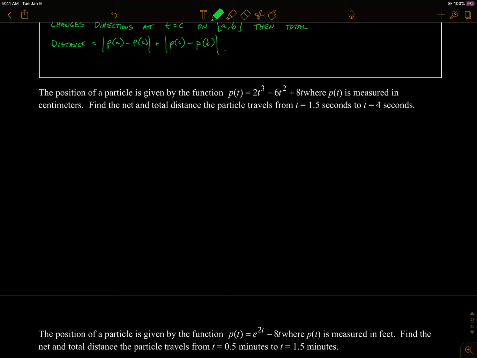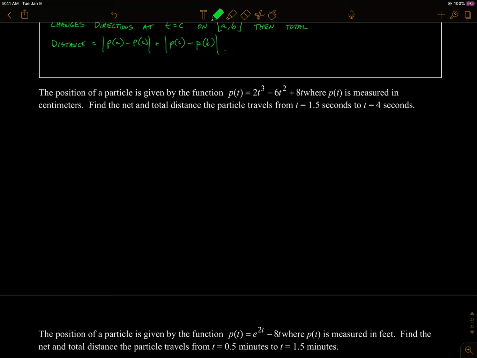All right, so let's do a couple examples of this. The position of a particle is given by this function. So now we have the position function, not the velocity function. And this is in centimeters. Find the net and total distance the particle travels from 1.5 seconds to 4 seconds. We're going to do this as a calculator active question.